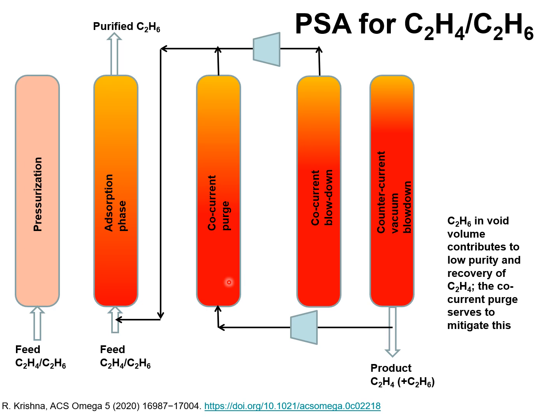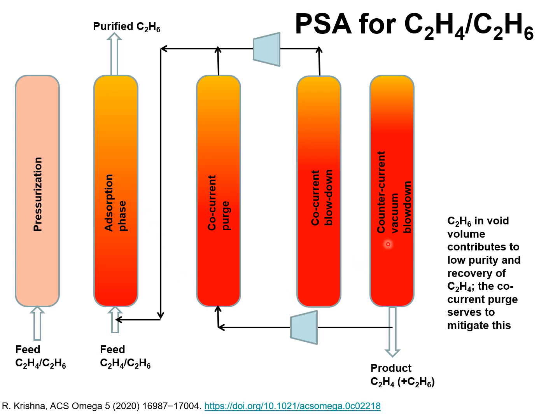The co-current purge or co-current rinse stage is followed by co-current blowdown, in which vacuum is used to remove the remainder of the adsorbed phase components within the fixed bed, and the products that are withdrawn are mixed along with the feed mixture and fed to the adsorption phase.